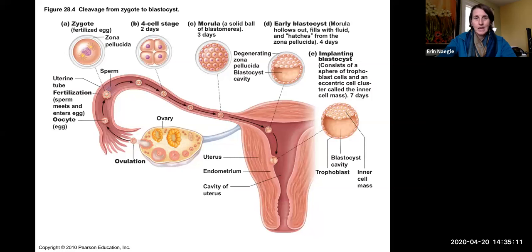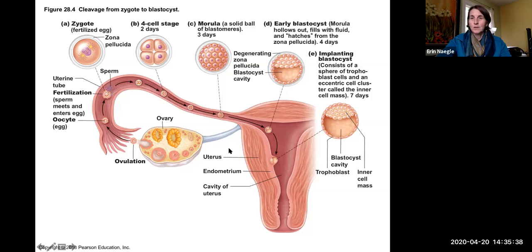So it's outside of the reproductive system. And it can implant on the outside of the uterine tube. It can also implant on the outside of the uterus. Both of those are really dangerous, both for the growing embryo and fetus, as well as the woman, because usually neither one of those places can properly support the growth of a developing baby.